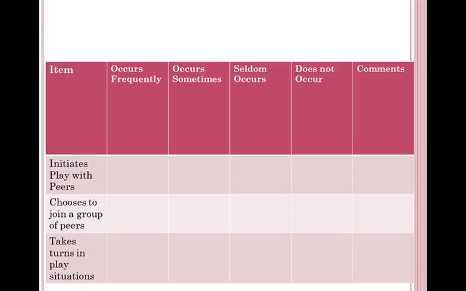Occurs frequently, occurs sometimes, seldom occurs, does not occur. Just like when we were looking at checklists, on a lot of rating scales there's also the possibility to add comments. Again, are these comments true anecdotal records? No. What are some of the things that might be missing that would separate it from a true anecdotal record?